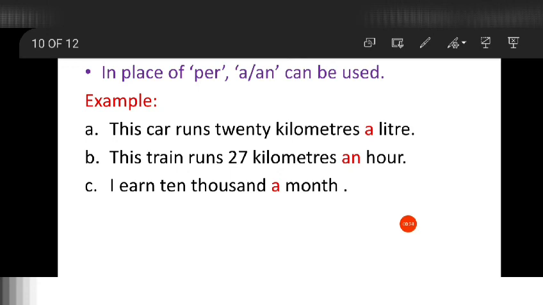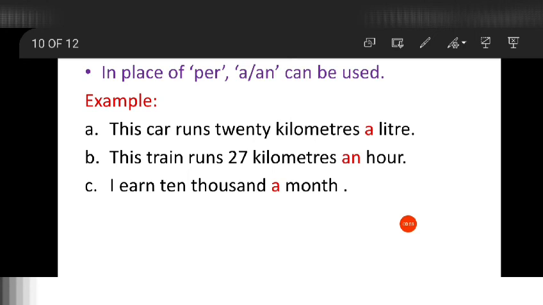In place of per, a and an can be used. Now, what is per? You must have read it in certain formulae in physics, like certain units that we have, like meter per second, kilometer per hour. So that's per, which we show with a slash sometimes.